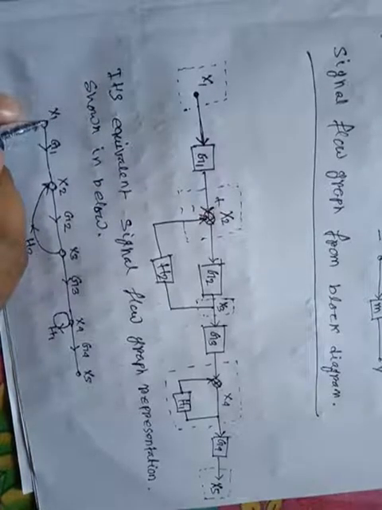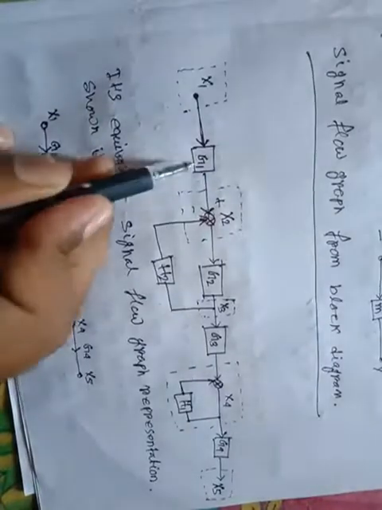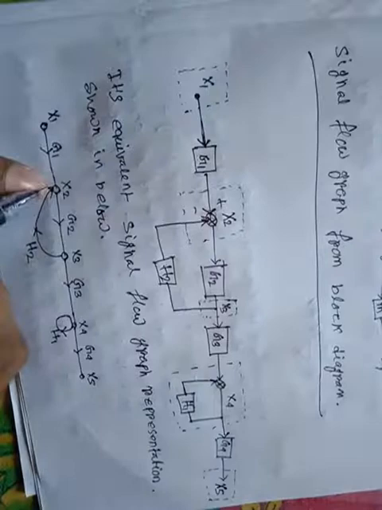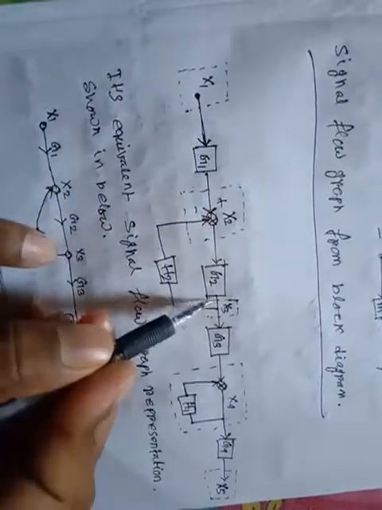The equivalent signal flow graph representation is shown below. Here x1 is the input node, the transfer function is g1, and x2 is another node. x3 is equivalent to the takeoff point, and g3 is the transfer function.